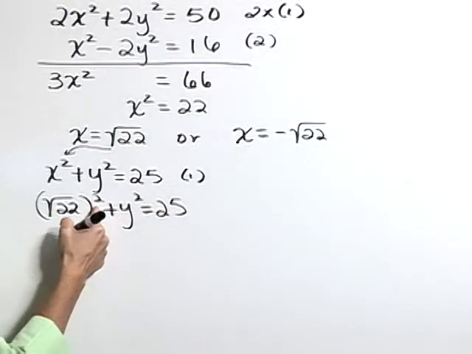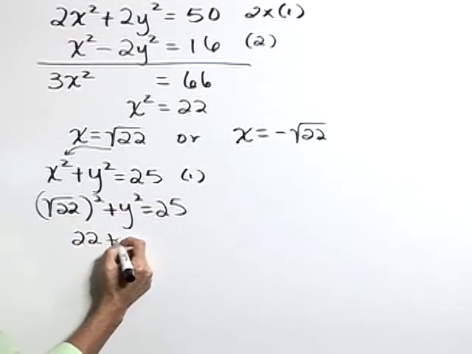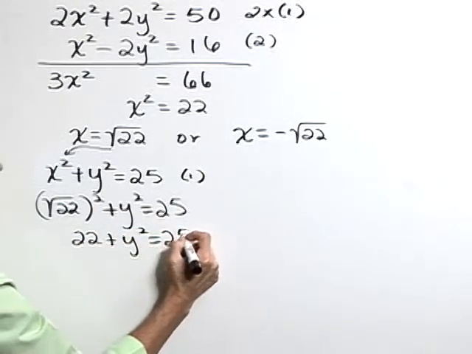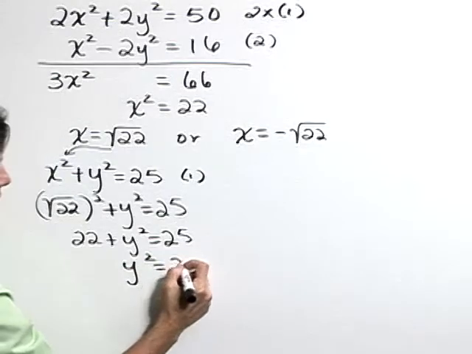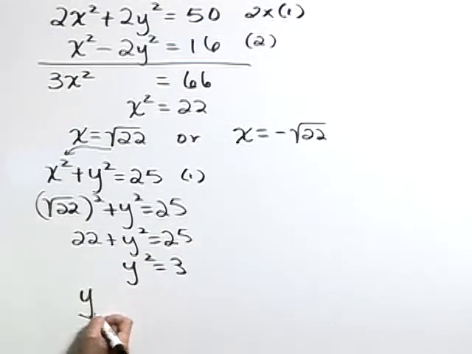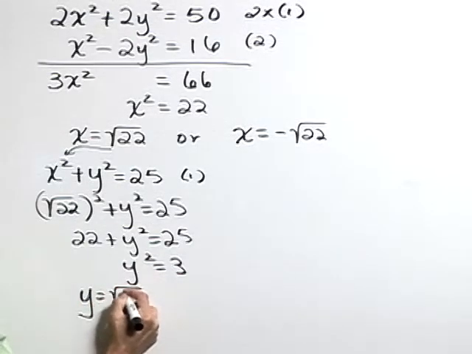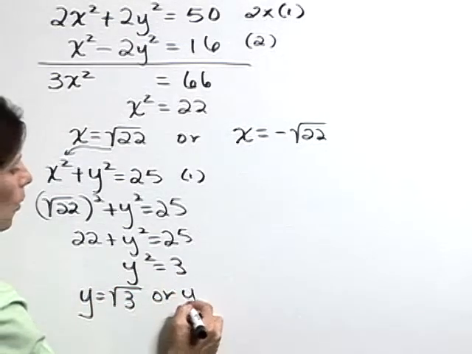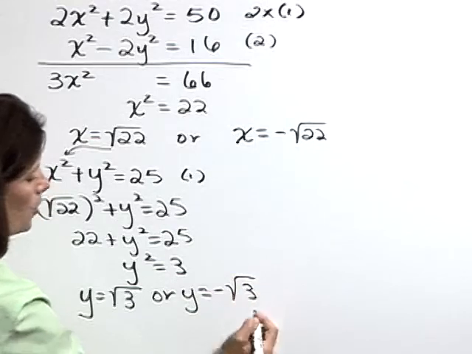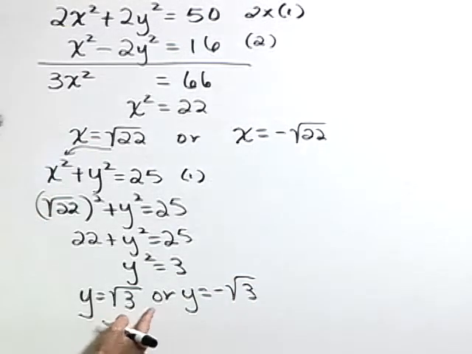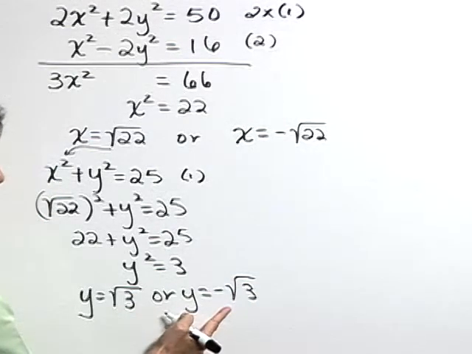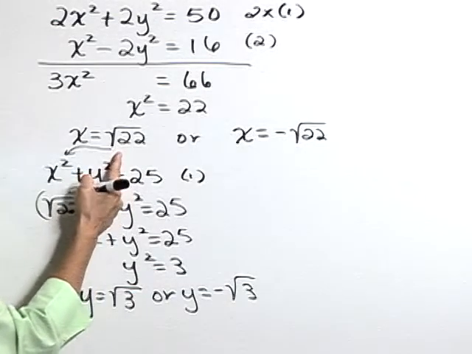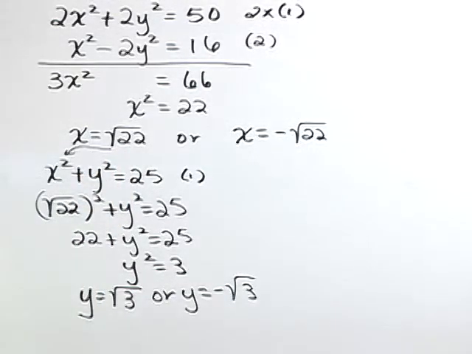Square root of 22 squared is 22 plus y squared is 25. So y squared is 3, or y is equal to, as we take the square root of both sides, a positive square root of 3 or a negative square root of 3. So we've got two separate y values that pair with this x value of square root of 22.